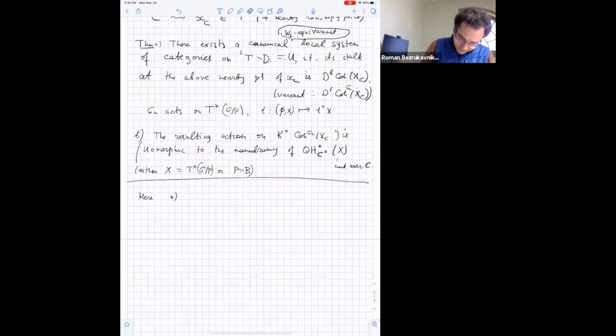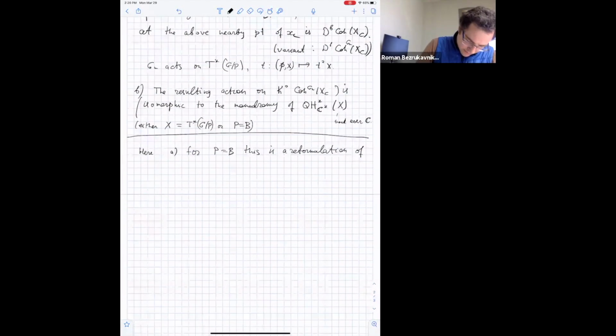So for P equal to B, this is a reformulation of the fact that the affine Weil group acts by symmetries on the derived category of coherent sheaves of the Springer resolution or its base change, well, X.